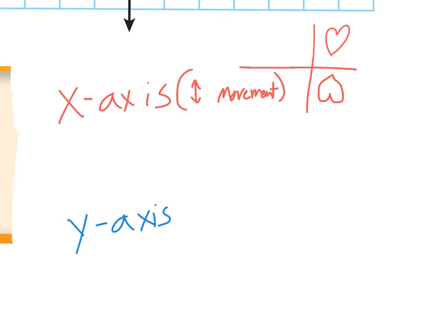A lot of times this is what I'll do in class, and you won't be able to see this in the video, but if you're in the classroom, you can see this. I'll say if we're reflecting over the x-axis, my hand right now is moving up and down, right? So which coordinate deals with up and down movement? Y. So when we reflect over the x-axis, our y is actually going to be the coordinate that changes. Our x is going to stay the same.